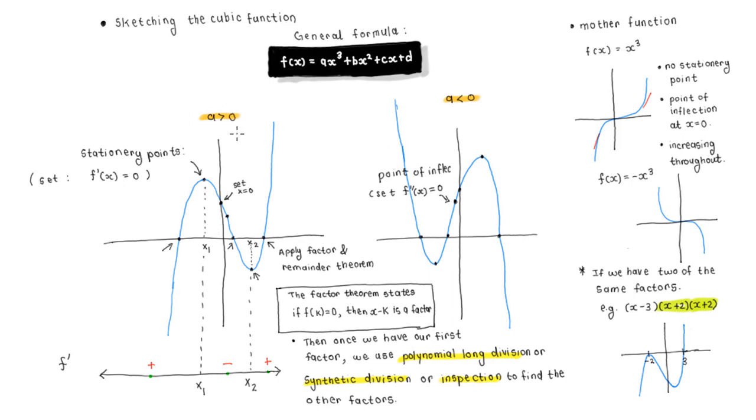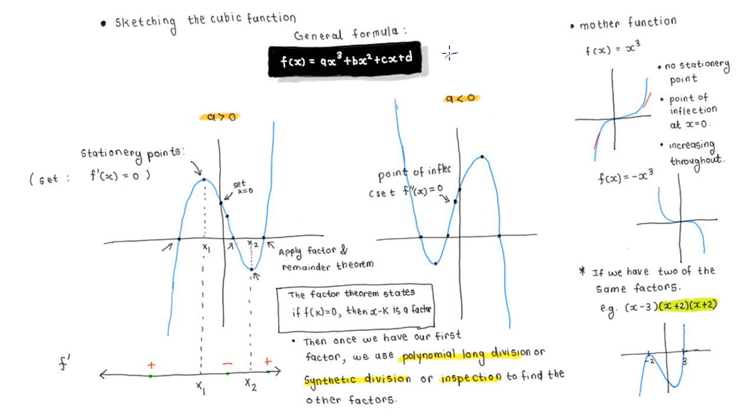And then key points are that for your stationary points, you set f prime equal to 0. For your point of inflection, you set f double prime of x equal to 0. And all of these actions give you the x coordinates at your stationary point and your point of inflection respectively.